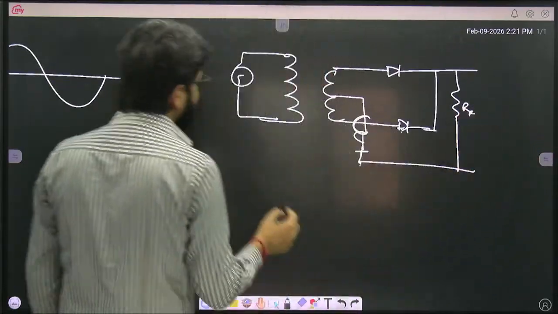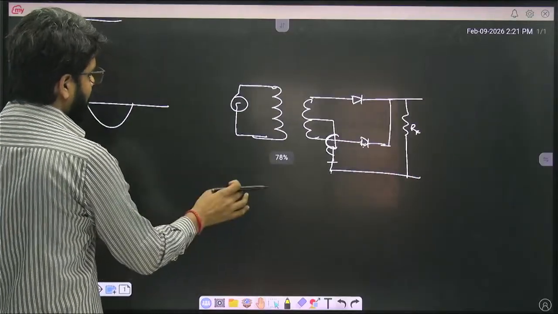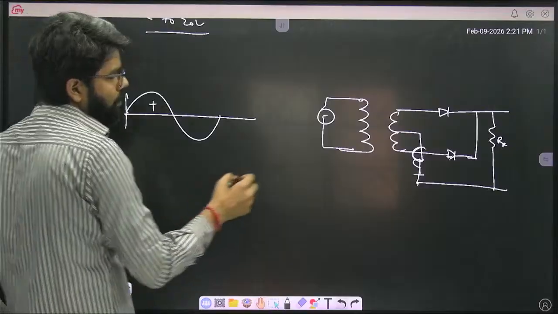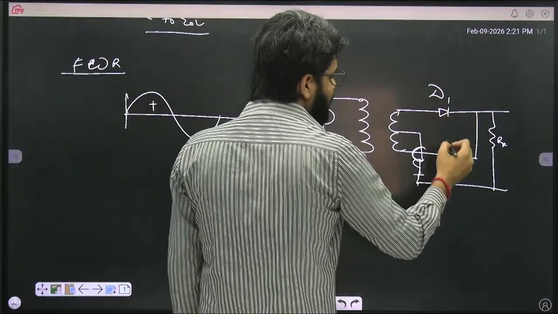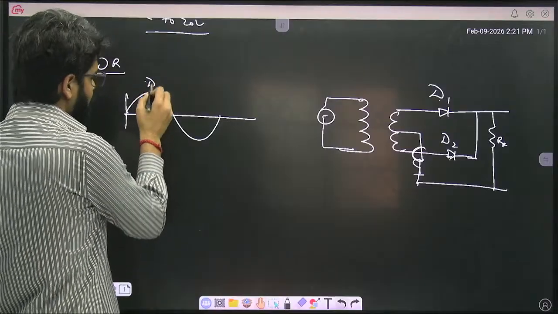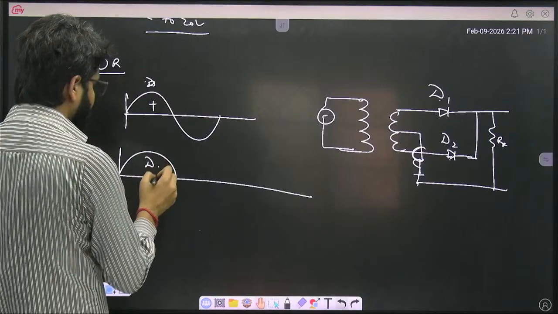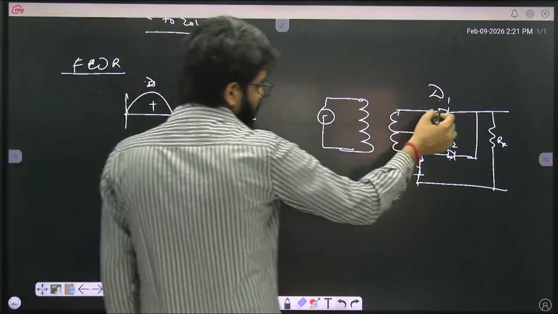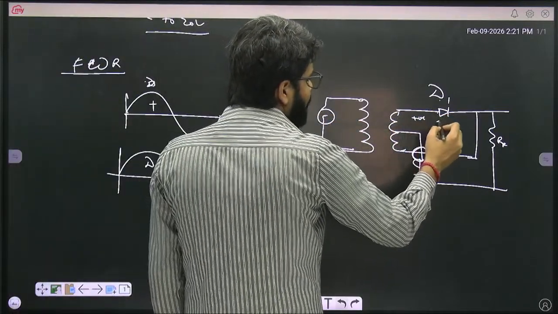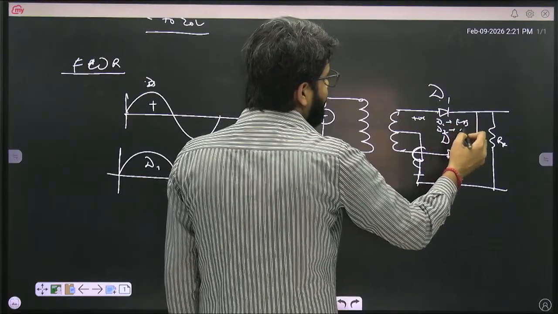Suppose when the positive cycle comes, what will happen? This is D1, this is D2. D1 is positive, and this will make a positive one. So this will conduct. For the positive cycle, D1 is FB, D2 is RB.